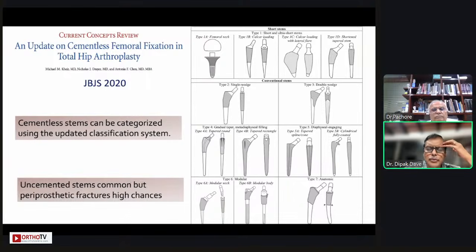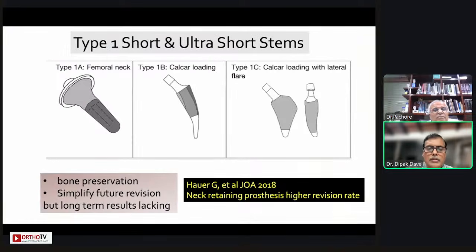Then it stays in our mind so that when we see the X-ray, we can select the appropriate stem. This article from JBJS categorizes and updates the classification system, so let us go through it. Type 1 stems are called the short and ultra short stems.